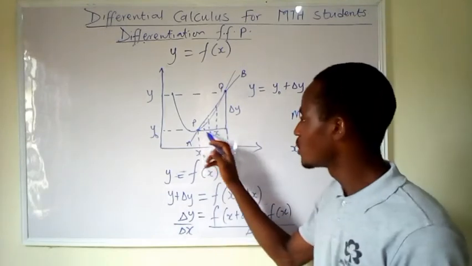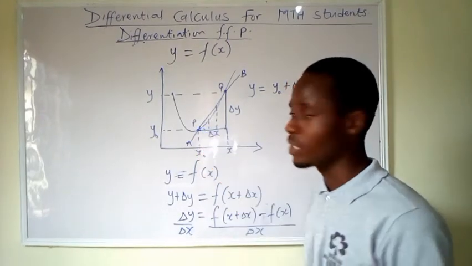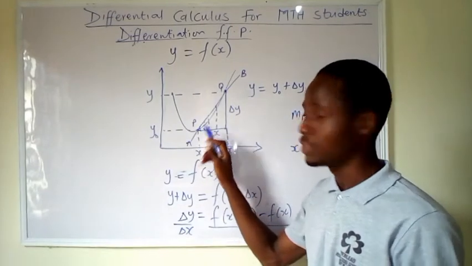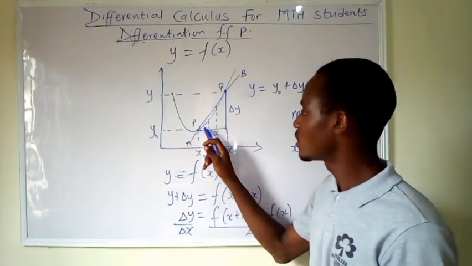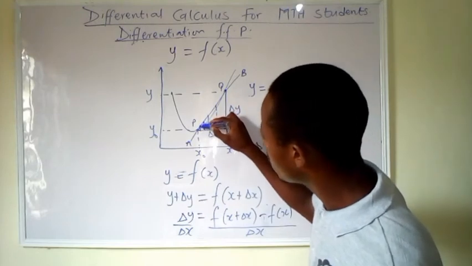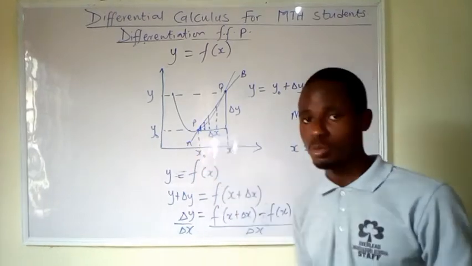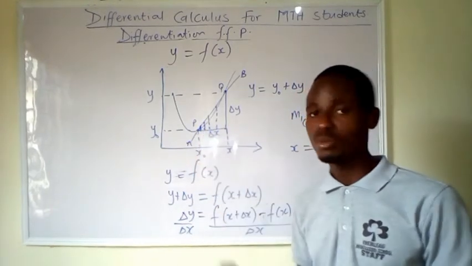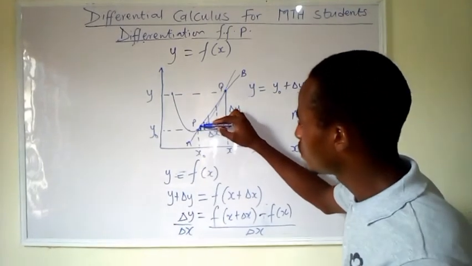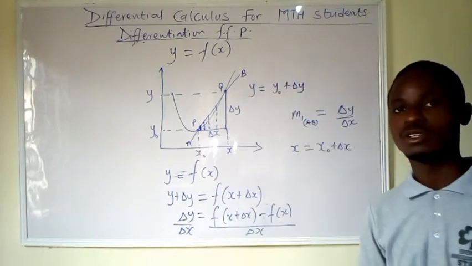At this point, we can say we have reached the limit of which y could change further. If there is further decrease at this particular point, we would not be able to read our change in x, so we assume it tends to 0. So that is the limit. At this particular point, we can say that that is the derivative of that function.